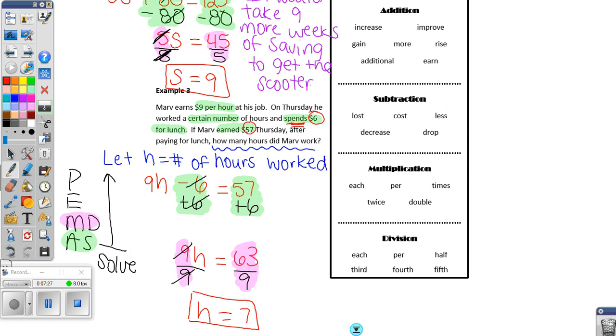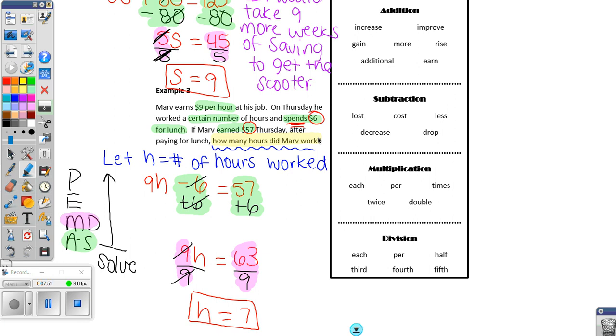I've shown my work. The last step is writing a sentence that goes full circle. So in class, I had said, you should be able to use a complete sentence that would be an appropriate response to the question. So if I ask, how many hours did Marv work?